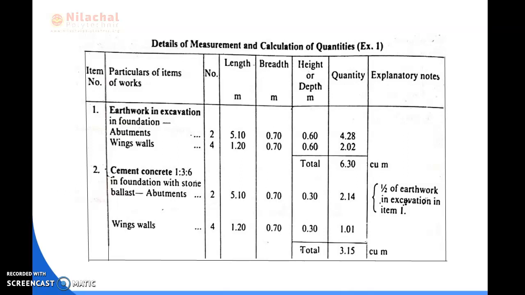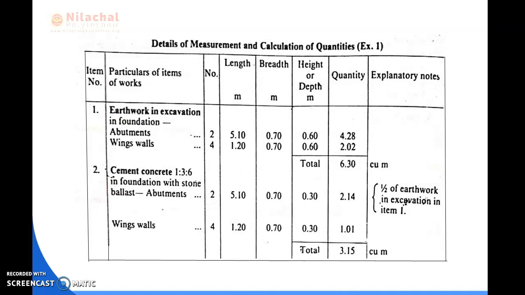We can consider it in mm, centimeter or meter. Then the next column is breadth, then height or depth. The next column is quantity. The last column shows explanatory notes. Here we explain the details of length, breadth, height, and how we calculate them.